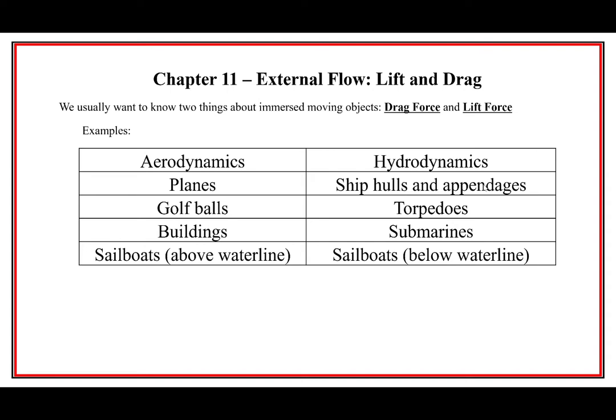So ship hulls and appendages like rudders can also produce lift as well as drag. Torpedoes, submarines, and sailboats below the waterline, and some fancy keeled sailboats have little wings on them that provide some stability, but could also provide a certain amount of lift.